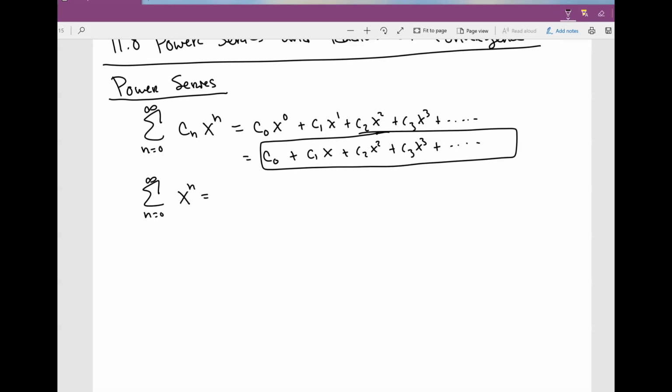If I plug in the same values, you'll have x to the 0, plus x to the 1, plus x to the 2, plus x to the 3, and so on. Then you have 1 plus x plus x squared plus x cubed, and you keep going to x to the nth power and beyond.